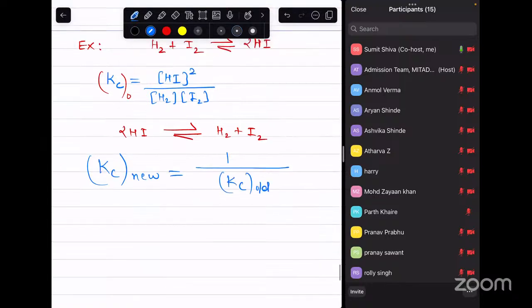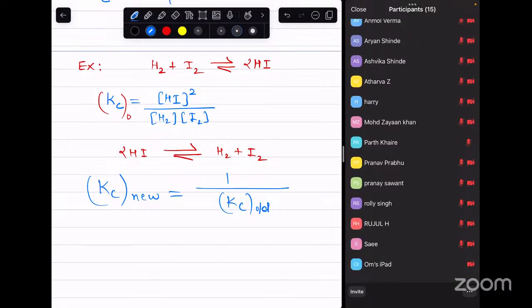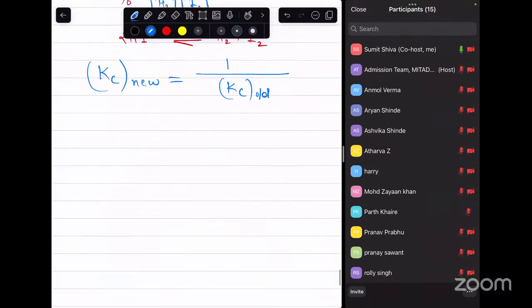And it is obvious because in this case, reactants will be 2HI and products will be H2 and I2. So if you write Kc properly using the concept, it will be the reciprocal of the Kc in the original reaction. Understood or any doubt?